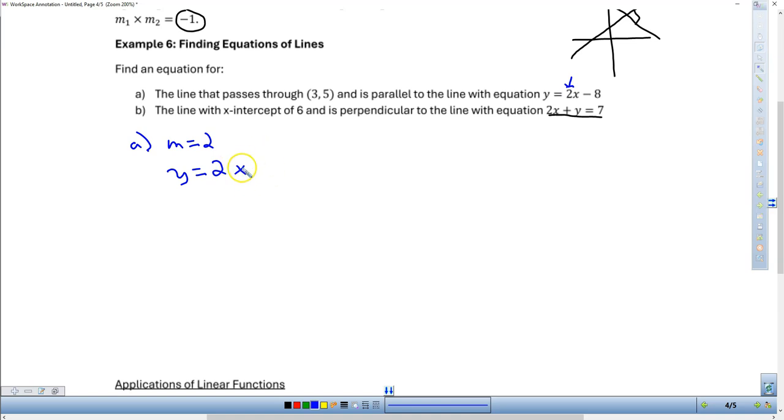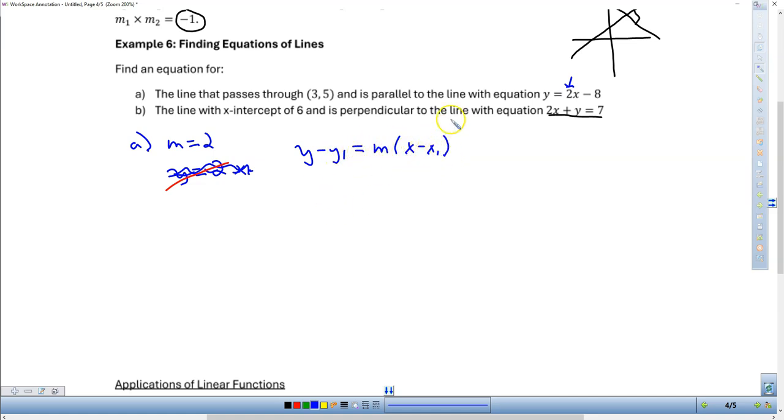Now, the way we can solve this is instead of using slope-intercept form, because we only know the point it passes through, I'm going to actually just cancel that out, and let's instead go ahead and use point-slope form. So we can use y minus y1 equals m parentheses x minus x1.